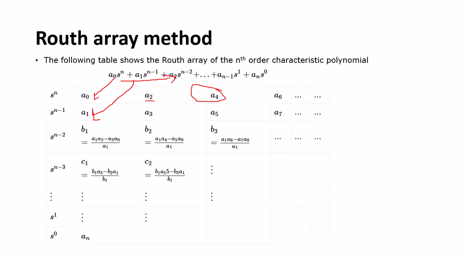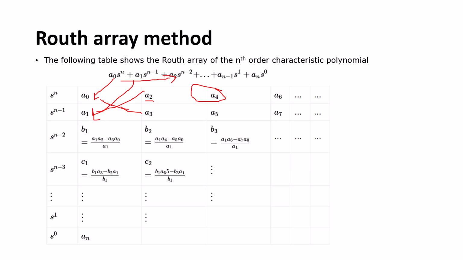Now b1, b2, b3, c1, c2, all of these we will calculate from these two rows. How will we do that? For getting b1, it will be a1 into a2 minus a3 into a0, by a1, means minus the determinant of these four elements, divided by a1.